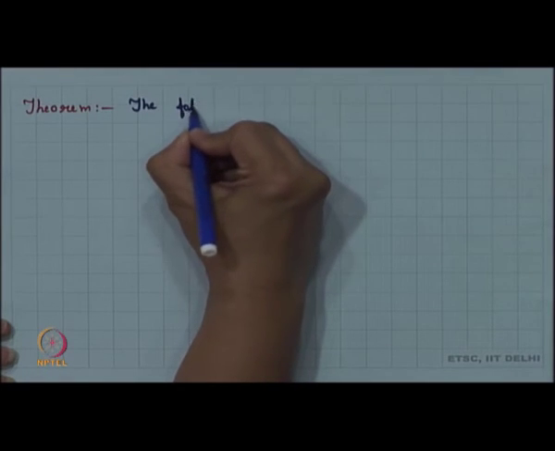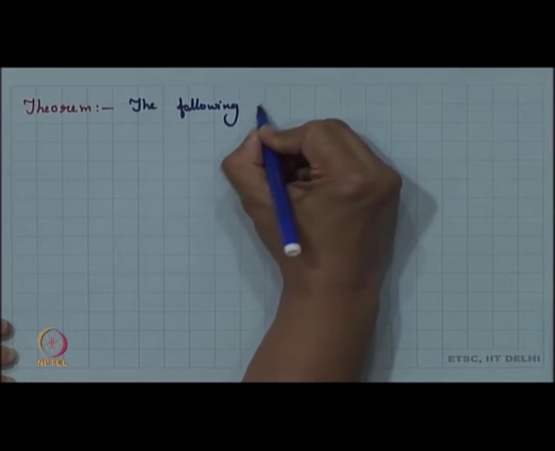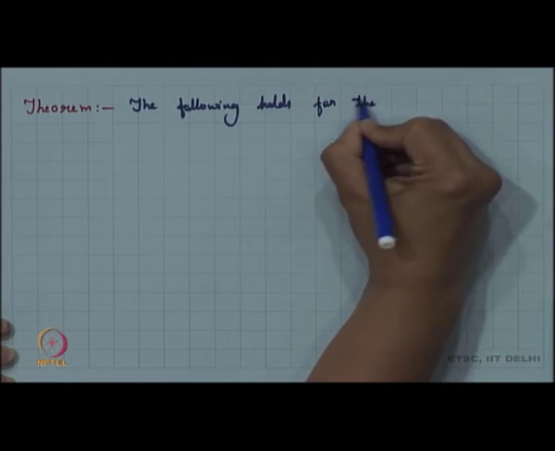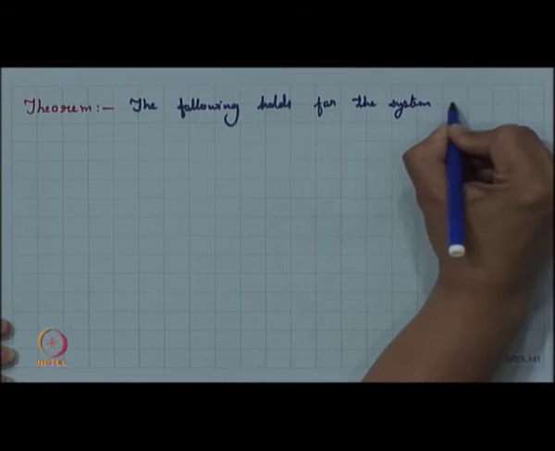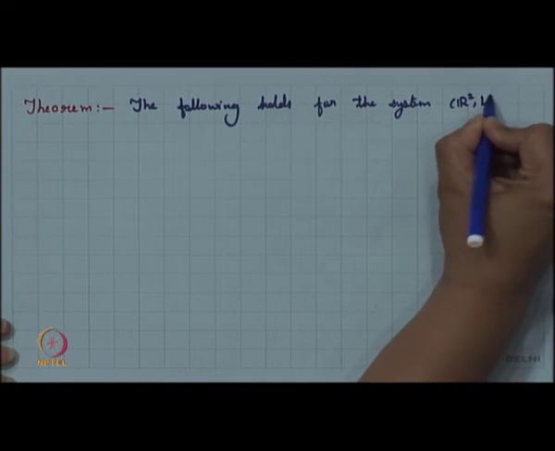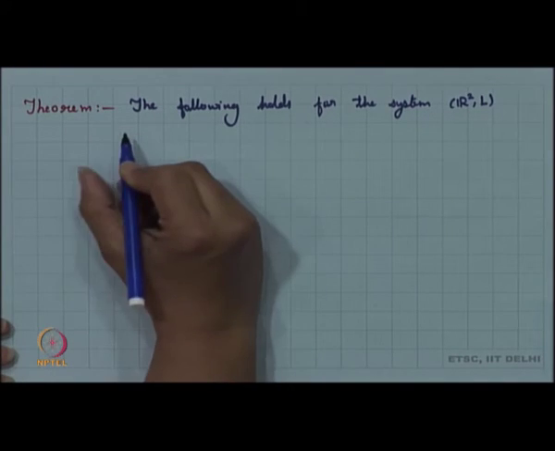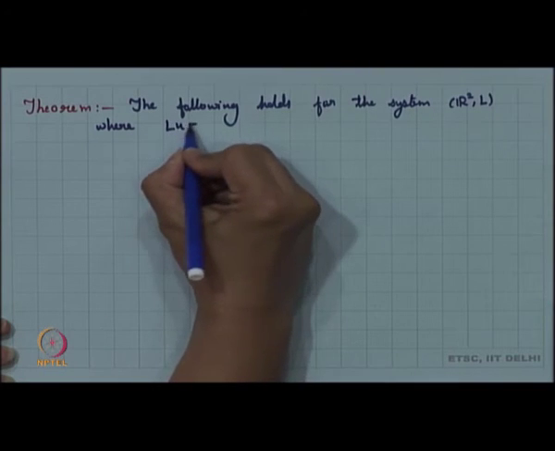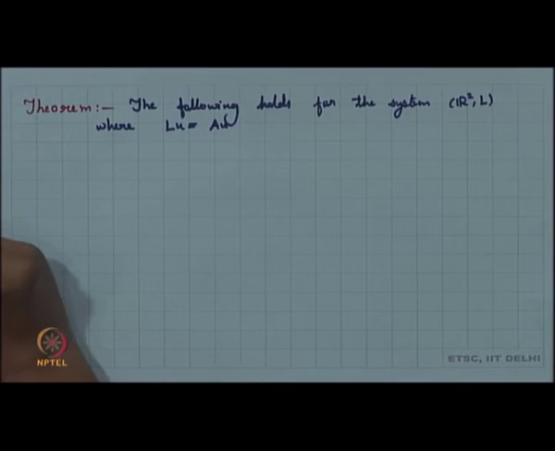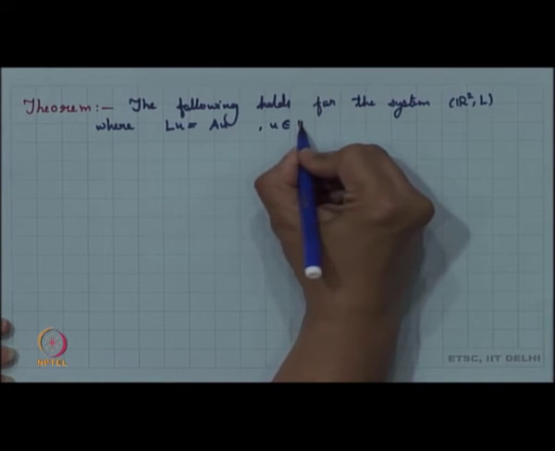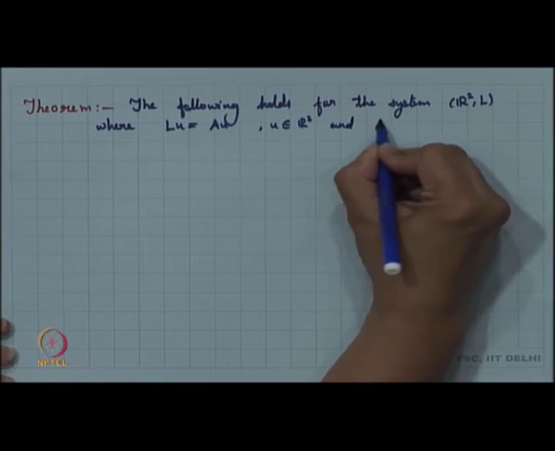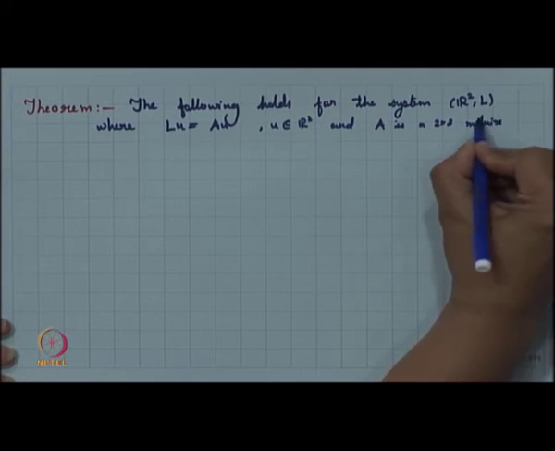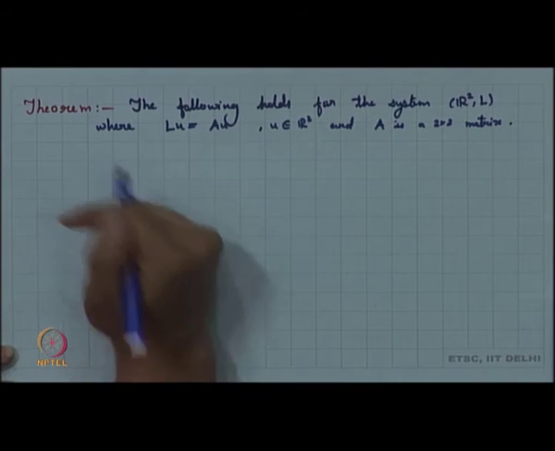So, the following holds for the system on R square, L u equals A u, for u belonging to R square, where A is a 2 cross 2 matrix. The theorem says the following holds.